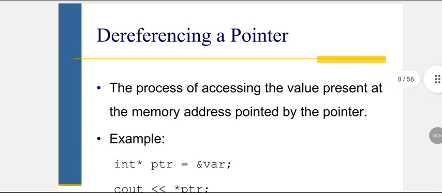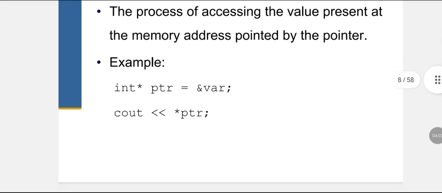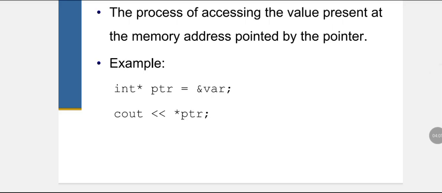Then we go to dereferencing a pointer. It is the process of accessing the value present at the memory address pointed to by the pointer. We have an example here: int, our data type, asterisk, then the pointer equals the variable with the address-of sign.